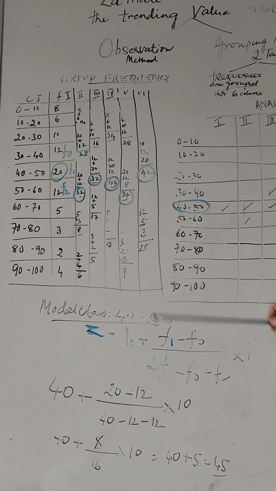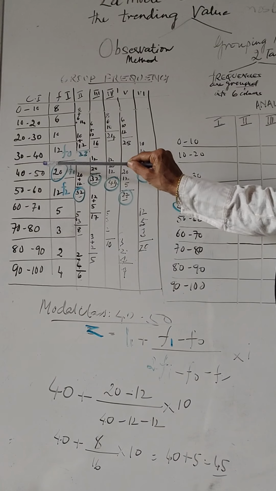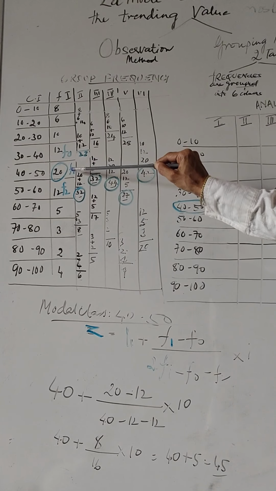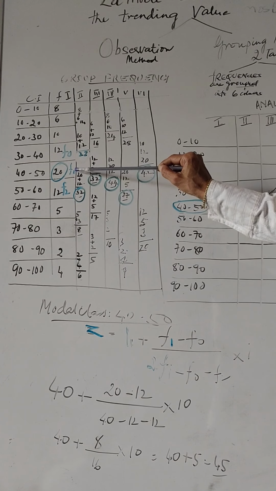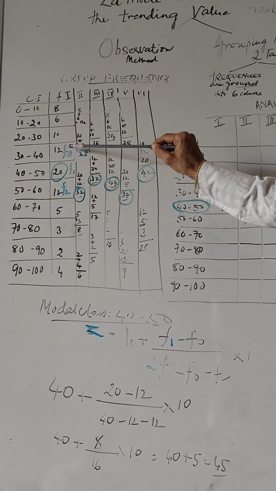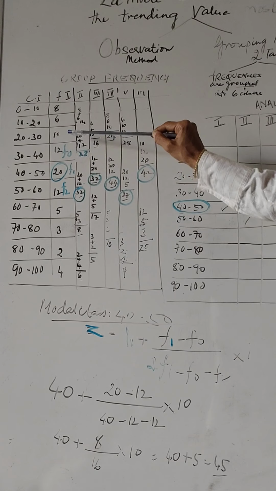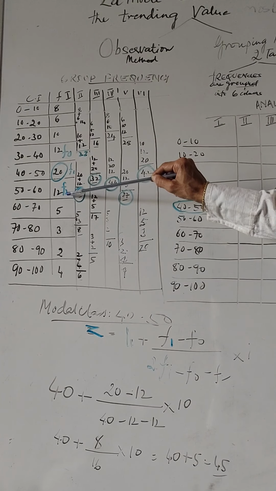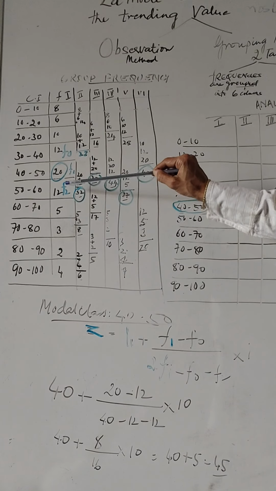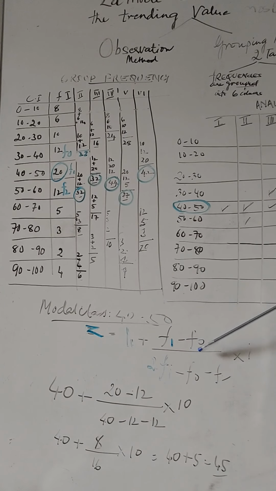Okay, before we go on, let me just tell you, this is F1, that is frequency of the modal class. And F0 is the frequency which comes before the modal class, and F2 is the frequency coming after the modal class. So that is how I'm going to write it down.